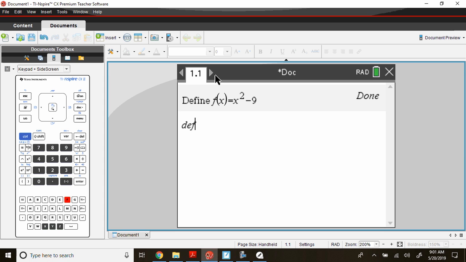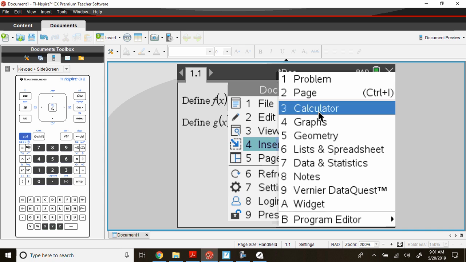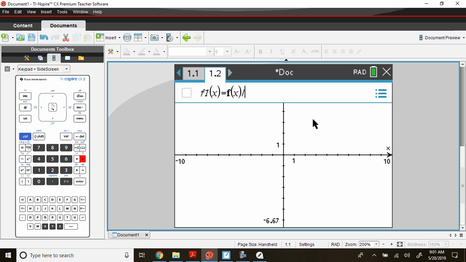I'm also defining the function g of x as x plus 3. And then I'm going to insert to my document a graph page, and I'm going to graph the quotient f of x divided by g of x.